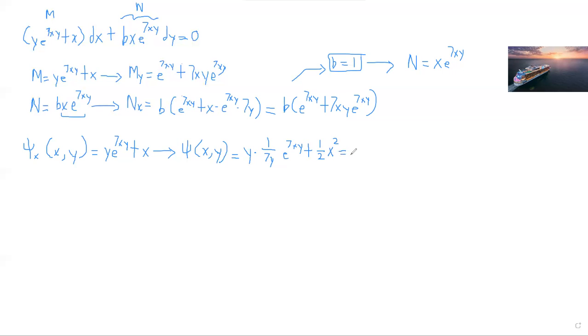And that is equal to 1 over 7 e to the power of 7xy plus 1/2 x squared. It needs to include the h of y or g of y or whatever. I should have included the h of y here as well.